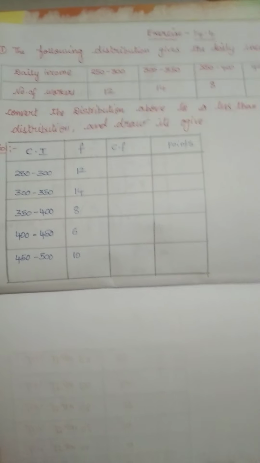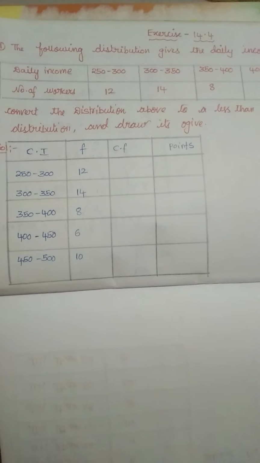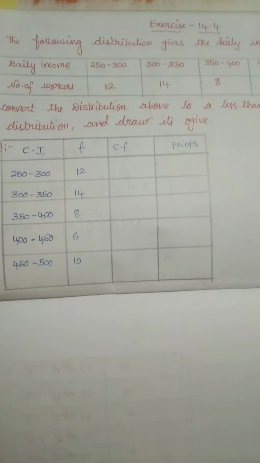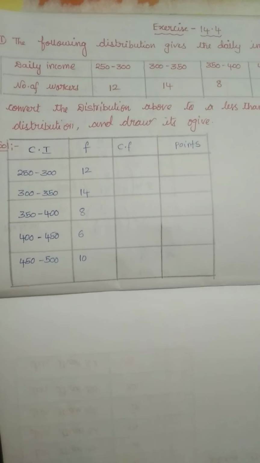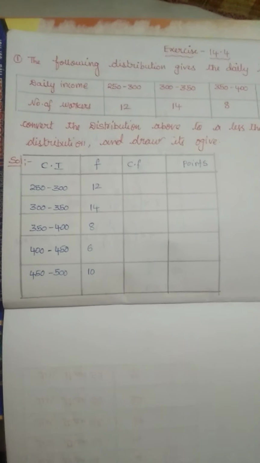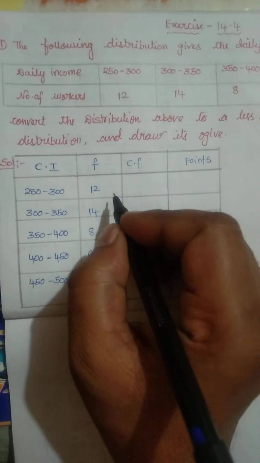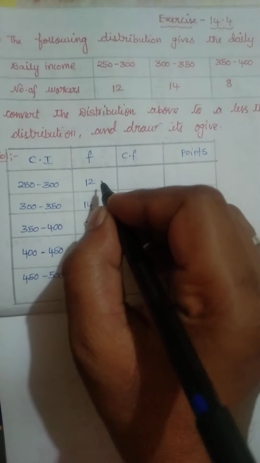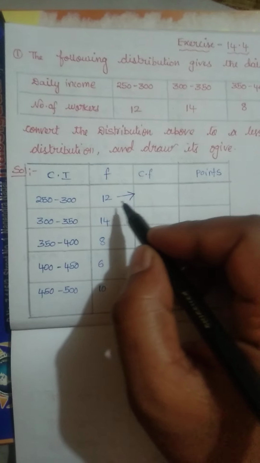Convert the distribution above to a less than type cumulative frequency distribution and draw its OGIVE. So we need to convert the distribution into less than cumulative frequency distribution. Let us first of all convert the given frequency into cumulative frequency.